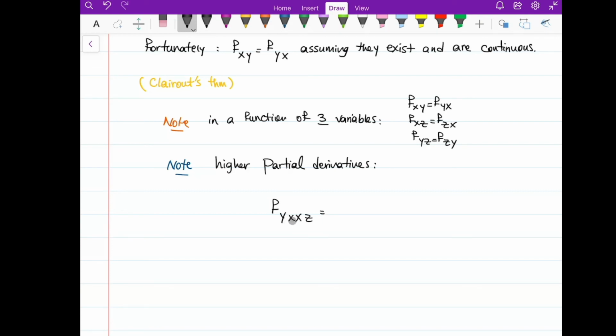As you see, we have the function f, we took derivative of that with respect to y, then we took derivative of that with respect to x, then we treat this as a function, we take derivative of that with respect to x again, we treat this as a function, we take derivative of that with respect to z. We just keep differentiating with respect to the given variables.